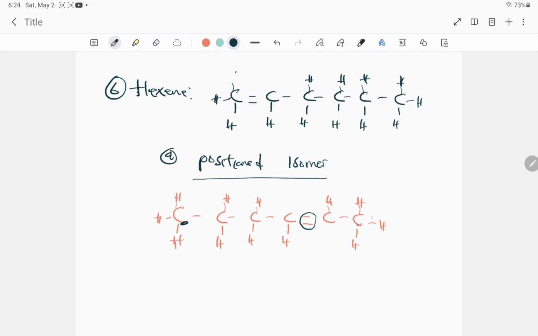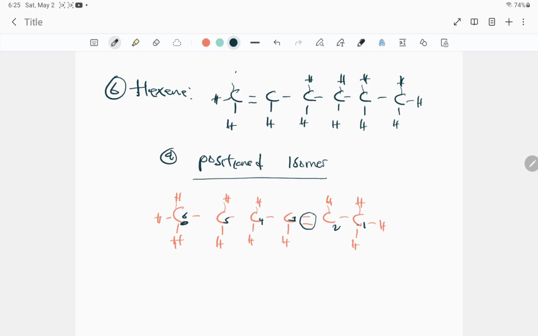So by numbering, I will say 1, 2, then 3, 4, 5, 6. Whenever you are numbering the carbons, make sure that the carbon you are going to consider to become number 1 must be closer to the double bond.